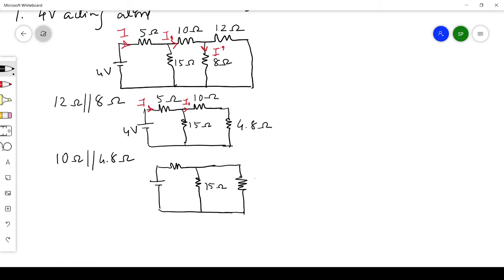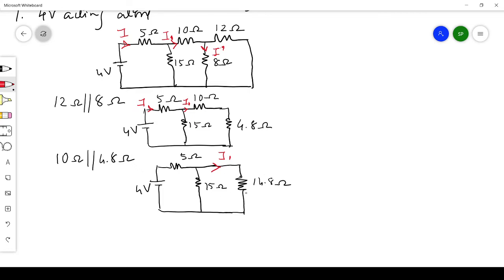So you get 10 plus 4.8, which is 14.8 ohm. This one is 5 ohm, this is 4 volt, and here I have taken the current through this branch as I1.